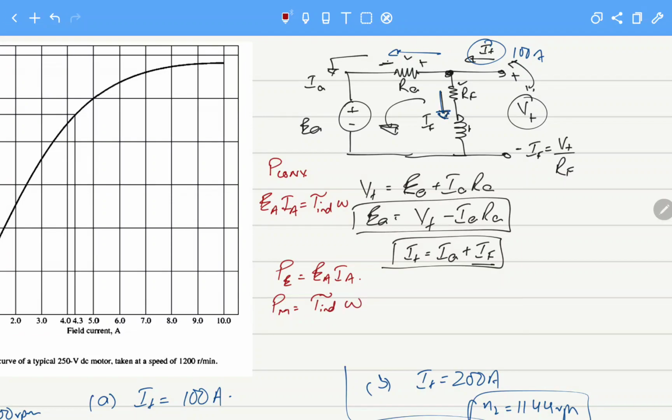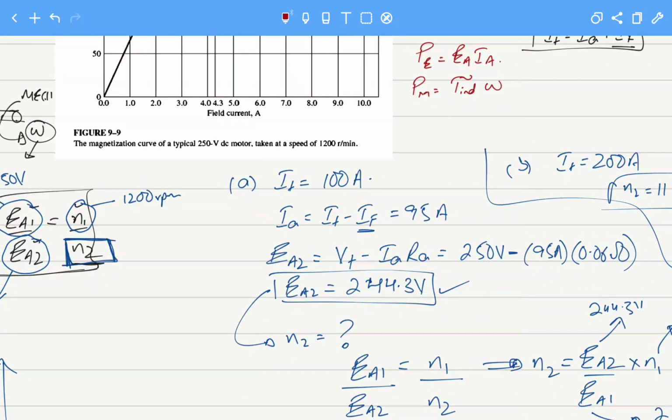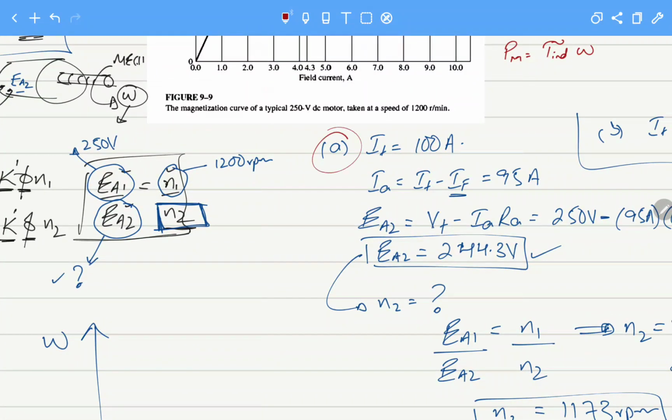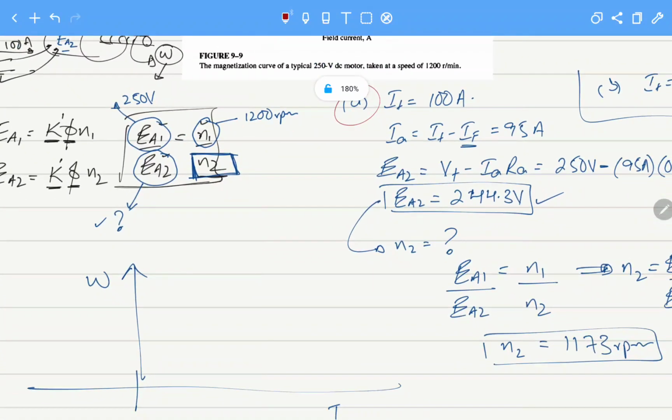I will consider case number 1, the part A that we solved, to find out how much torque was induced at this speed. The power converted is critical if you know the machine power flow diagram, which will be covered in other examples also, where electrical power equals the internally generated mechanical power.